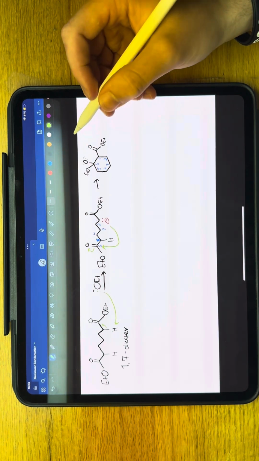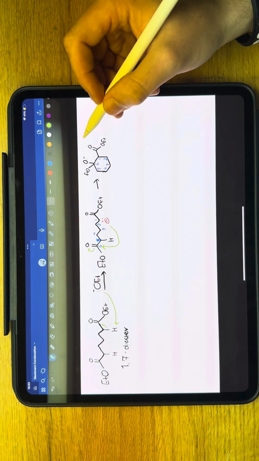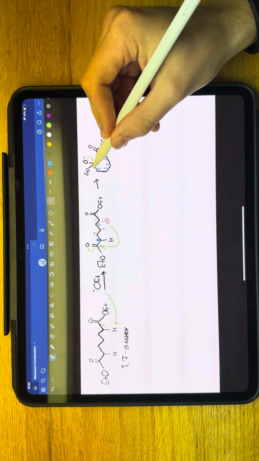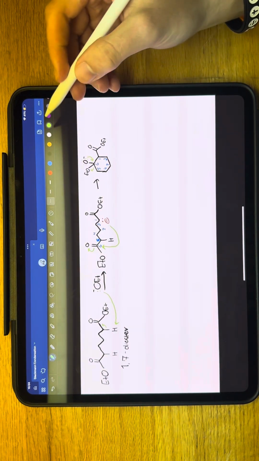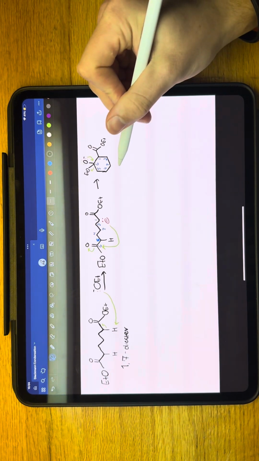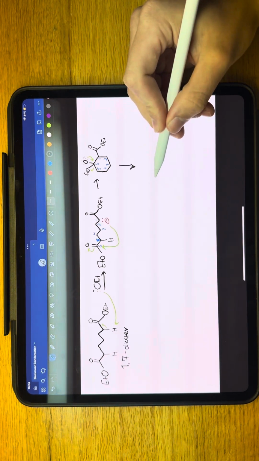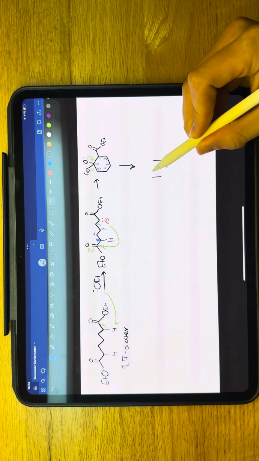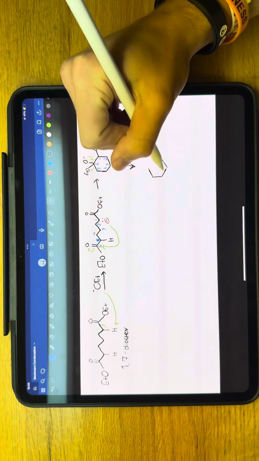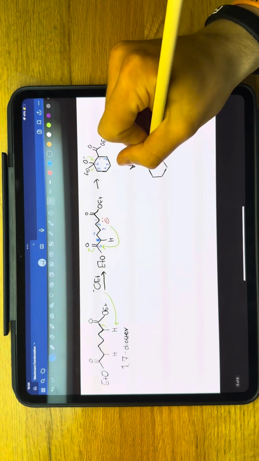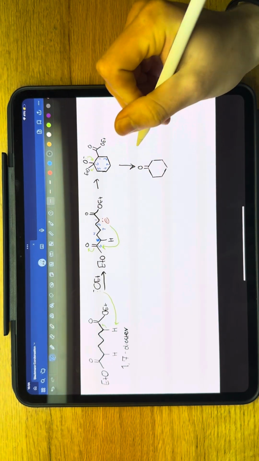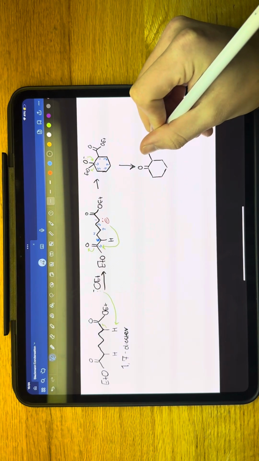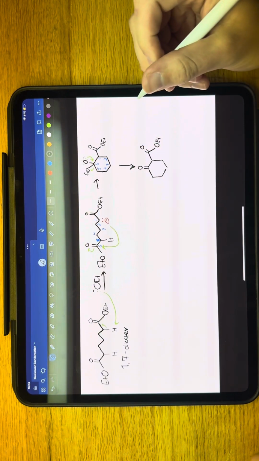So with the lone pairs here on that oxygen, these lone pairs are going to be used by oxygen to kick out that ethoxide ion. So we show our pushing arrows, which will then bring you to this structure here, with a double bond to oxygen there, and then of course your ester group there.